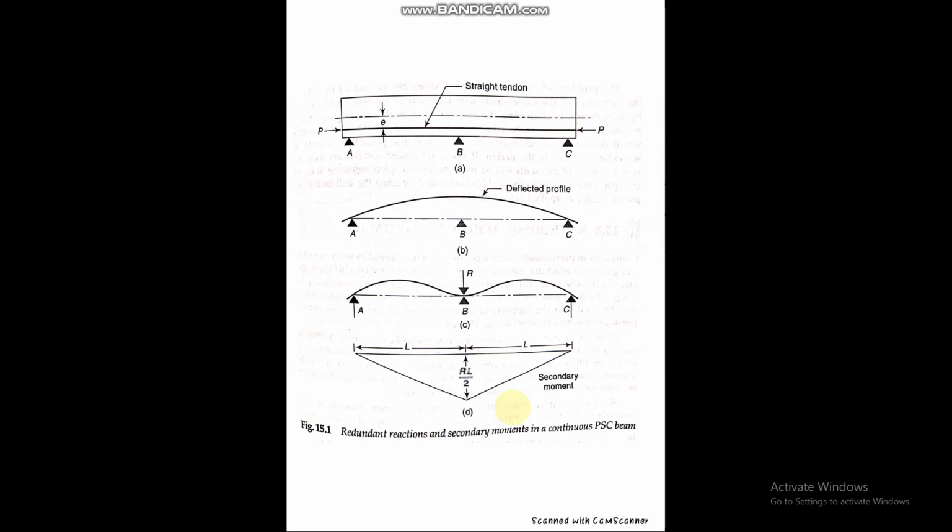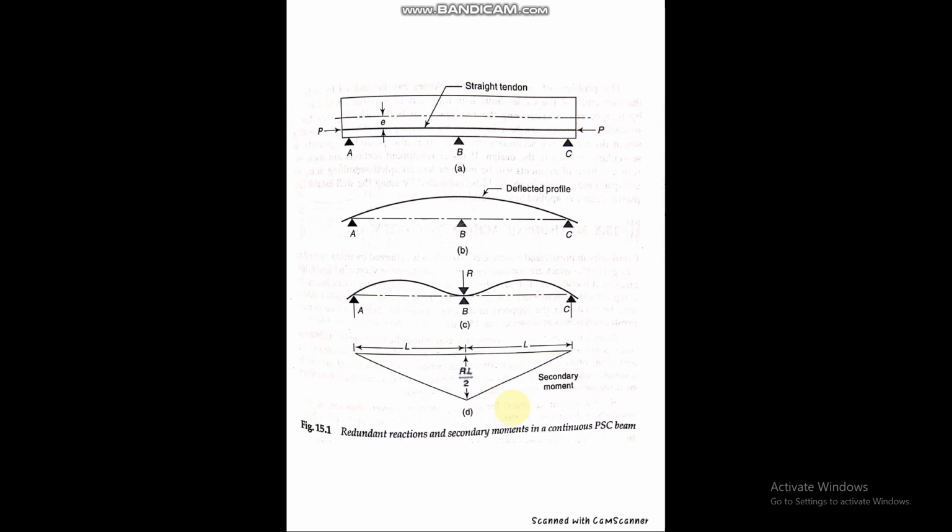First, we have to find the primary moments due to the prestressing force, and then how to find the secondary moments. And then obviously there will be some added load on top of the beam, and you also have to calculate the moments at different points, right?